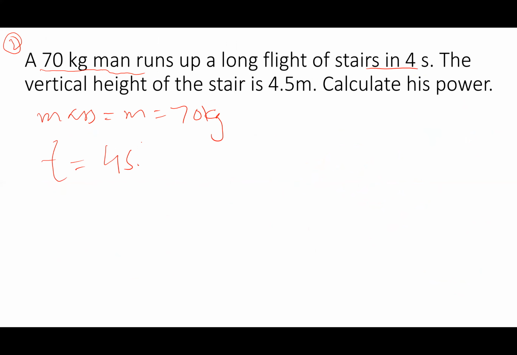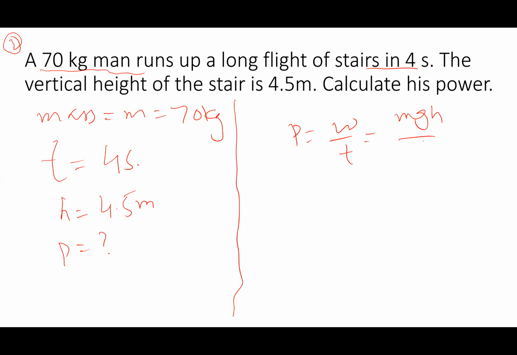The vertical height of the stair is 4.5 meter. Calculate the power. So power is equal to work per unit time. In this case, work is equal to potential energy, so power is equal to mgh divided by t. So use this formula, you can calculate the power.